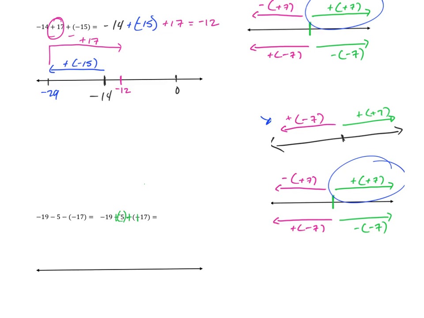Okay, well, then again, if I'm looking at my number line, I'm going to start somewhere, and I'm going to add a negative 5. So I'm adding negative 5. That means I'm going to go to the left. Okay, and then I added a positive 17, which means from there, I'm going to go to the right, because I'm adding a positive.